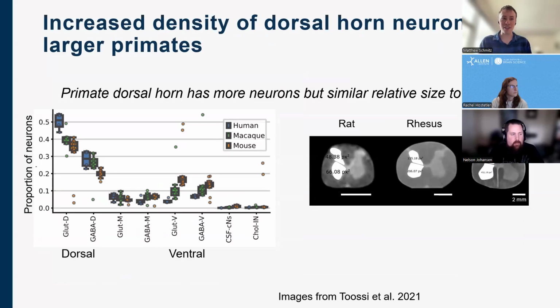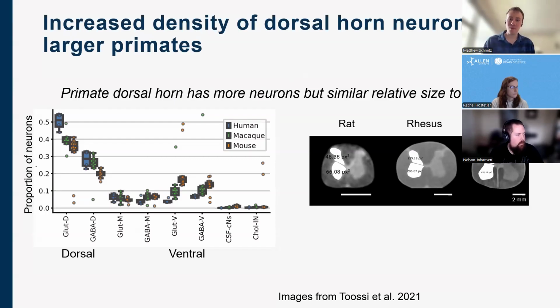We also had another interesting finding, where across different species, we found that the dorsal horn in the larger animals, so human is larger than macaque, which is larger than mouse, in terms of how many dorsal horn neurons compared to ventral horn neurons these species have, it follows that progression.